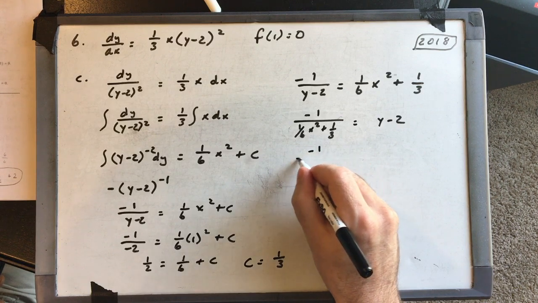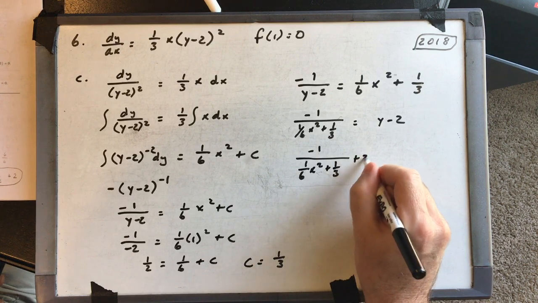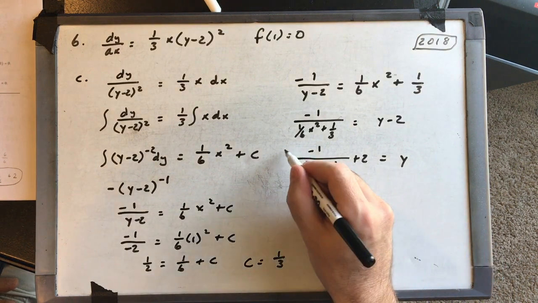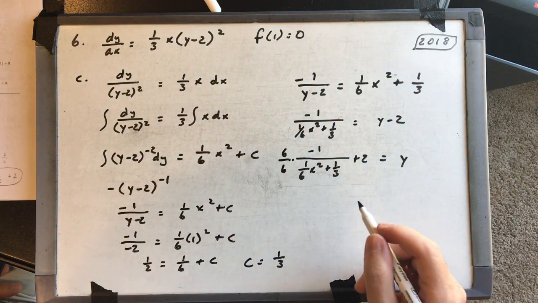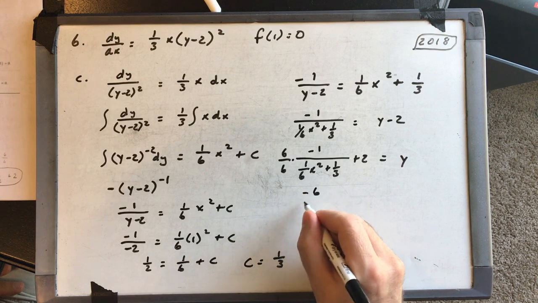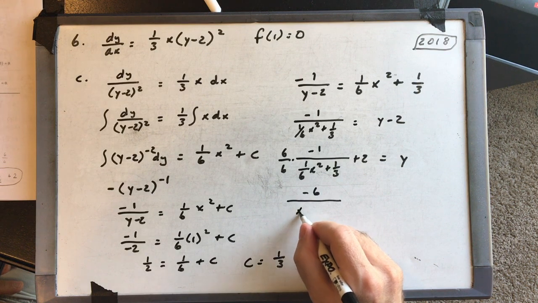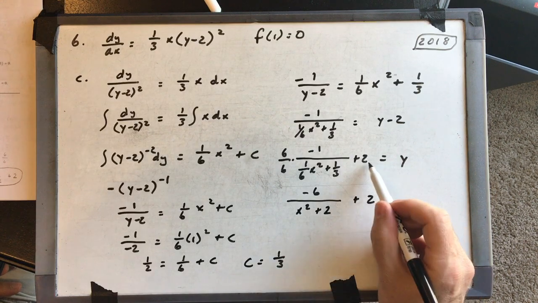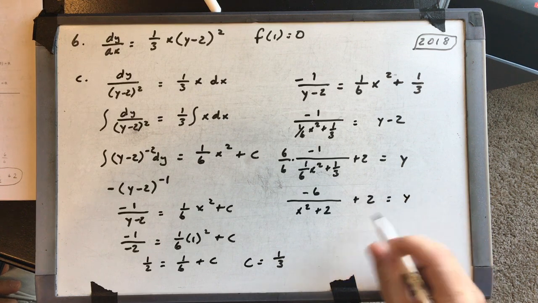So negative 1 over 1/6 x squared plus 1/3 plus 2 is equal to y. And one way that you could improve this is just multiply this fraction by 6/6. It's the same thing. So that's going to be negative 6 over x squared plus 2, plus 2, is equal to y.